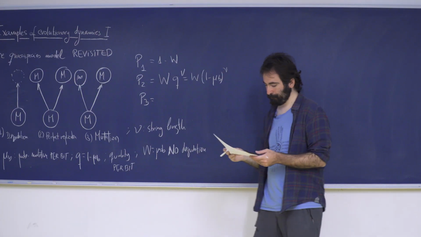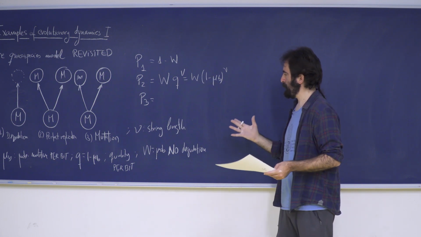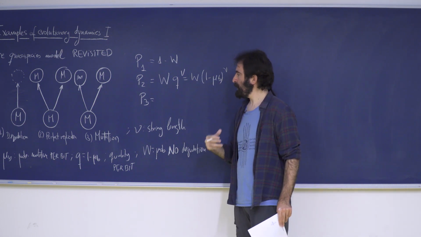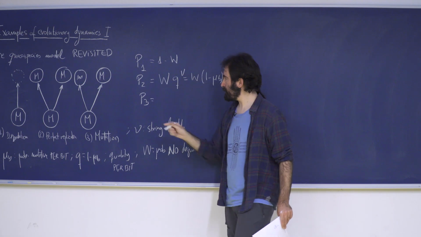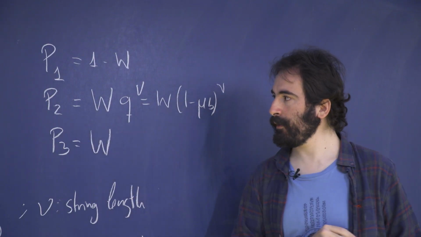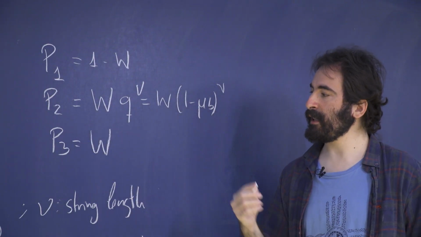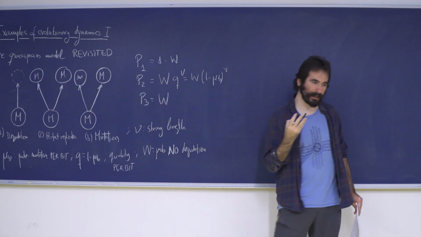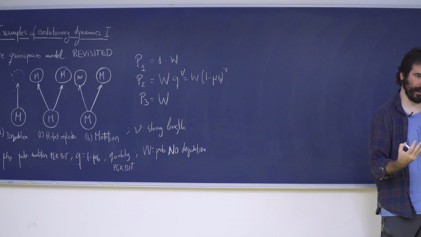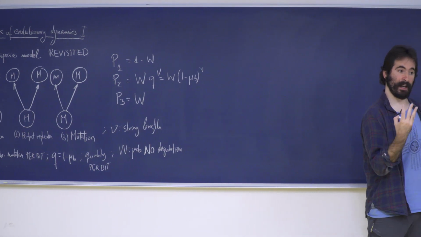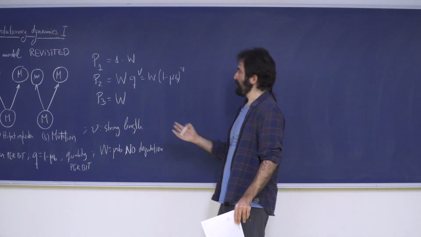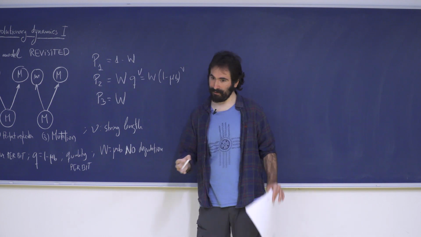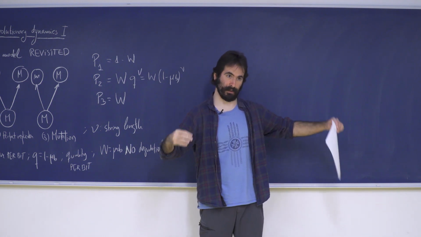So this is equivalent. Finally, we want to know what's the probability that I do not degrade, then I need to include W here, but also the probability that I actually mutate in the system. So if I mutate, I only need to change any of the bits in my string, right? Remember, q to the power of nu is the probability that none of the bits in my string do mutate.